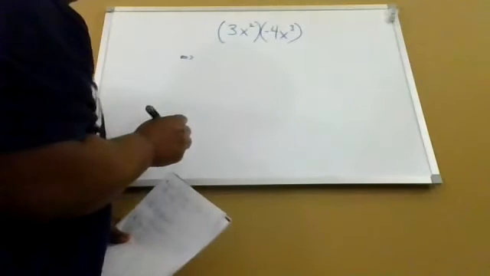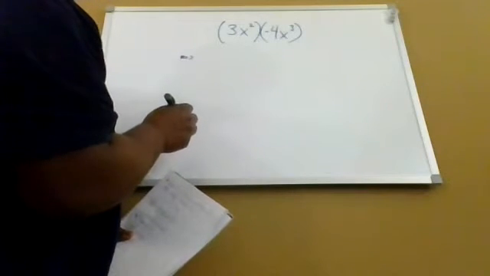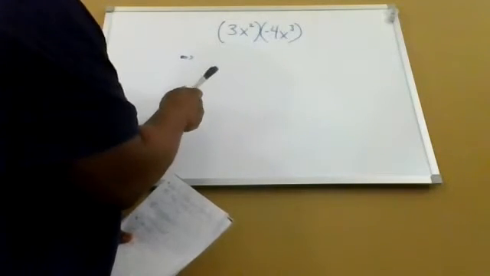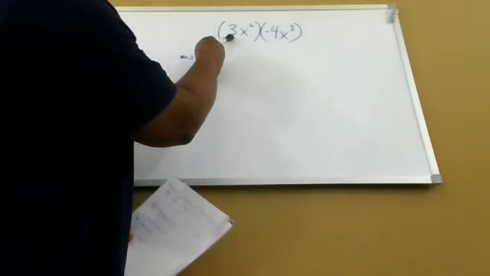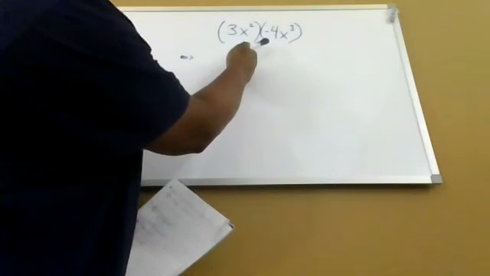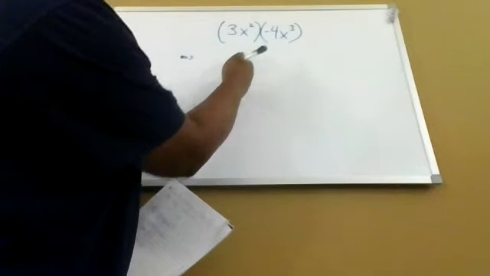Okay, so when we multiply this, we start off by multiplying just the numbers together. So 3 times the negative 4 gives me negative 12.